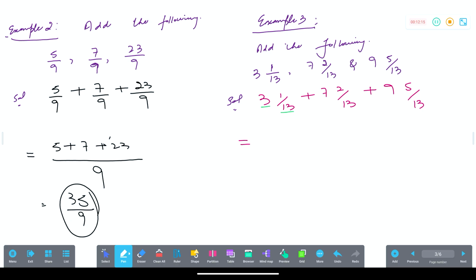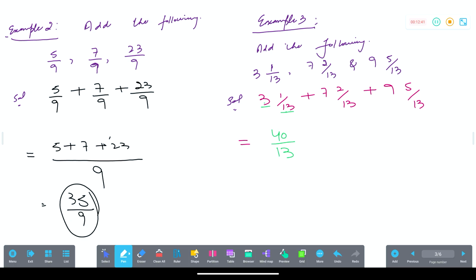Now, after multiplying 3 into 13, 13 threes are 39 plus 1. 13 into 3 is 39 plus 1, I am directly putting it because you have already done class 6 as well. That is 40 divided by, denominator will remain as it is, divided by 13.